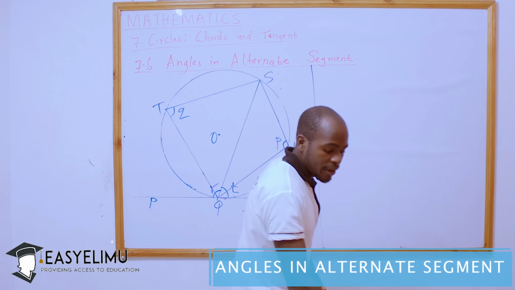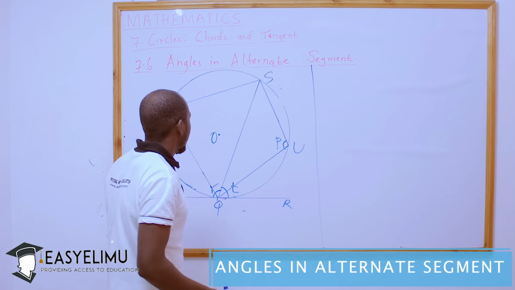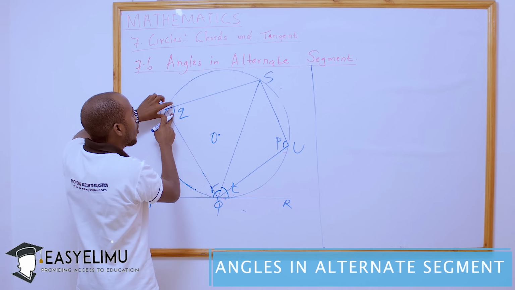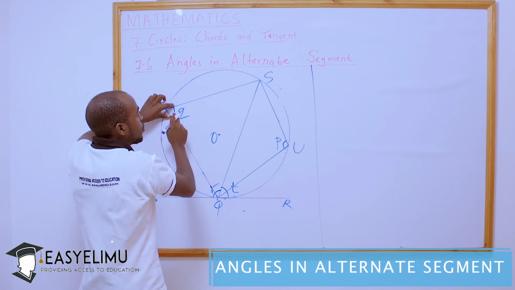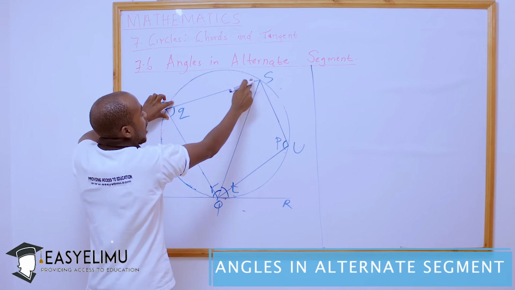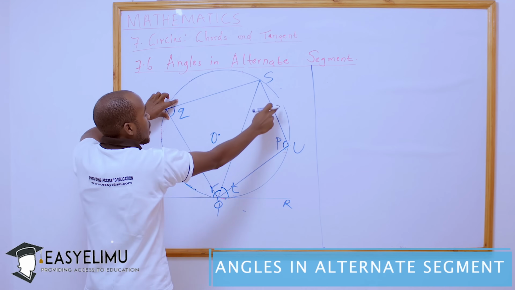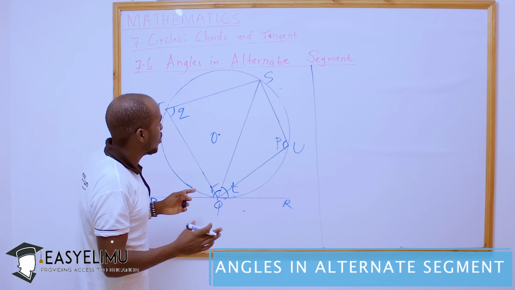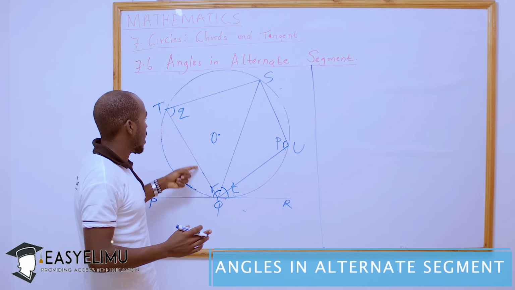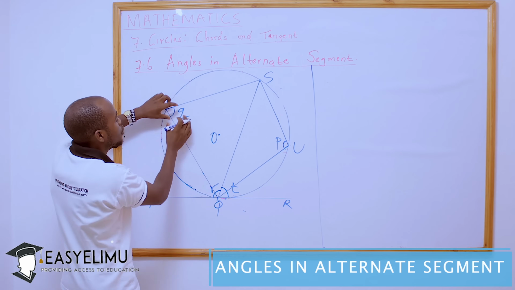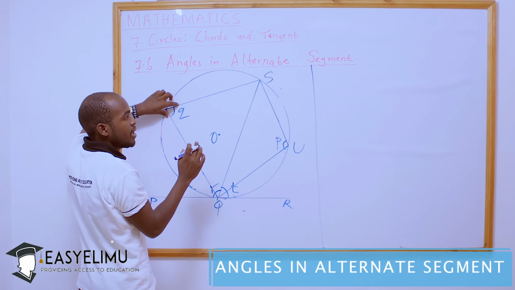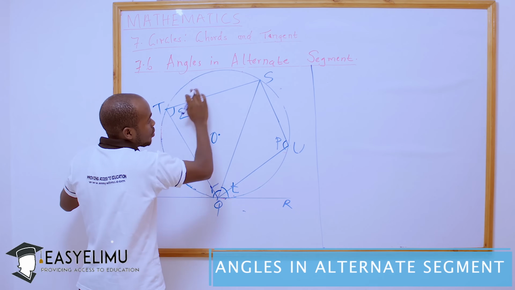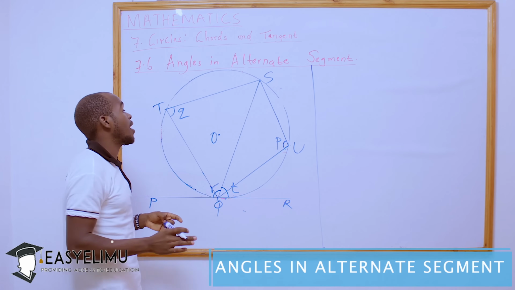You should note that if you take an angle in a quadrilateral, as we can see here, a four-sided figure, I'm taking the figure to be TSUQ, all those which touch the circumference.